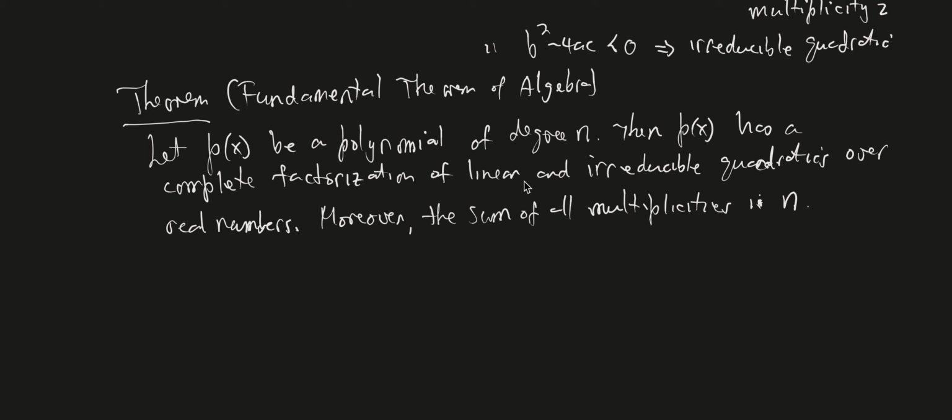So that there's no wondering, well, what does it look like for third degree or fourth degree? Once we understand the types of linear and the types of irreducible quadratic factors we can have, then that essentially describes all the possible factorizations of polynomials. And that really is a remarkable result, and we can thank Gauss for that, right?